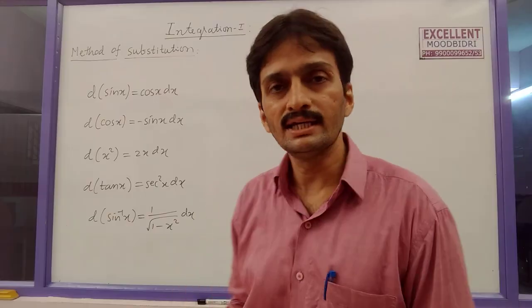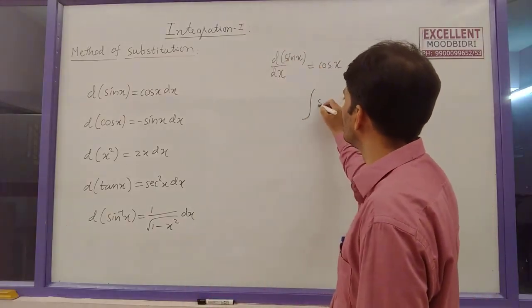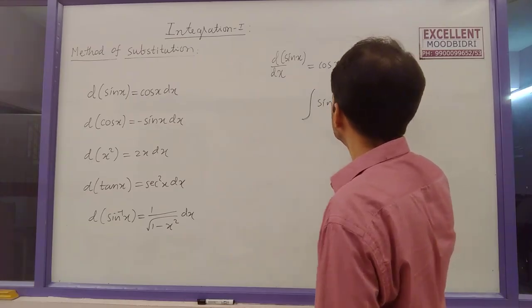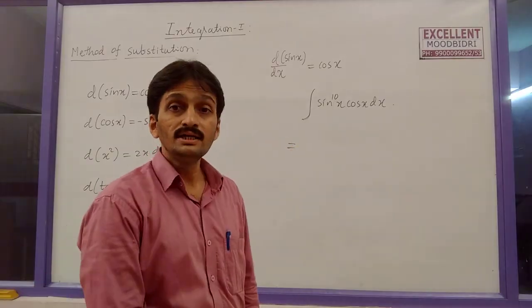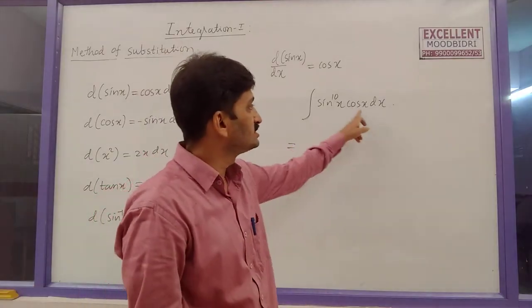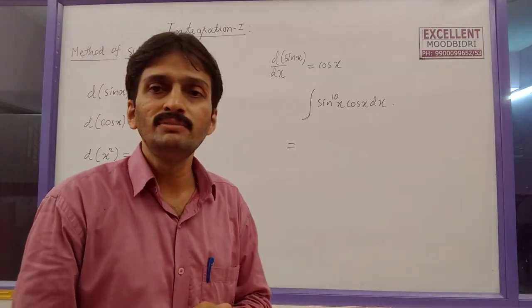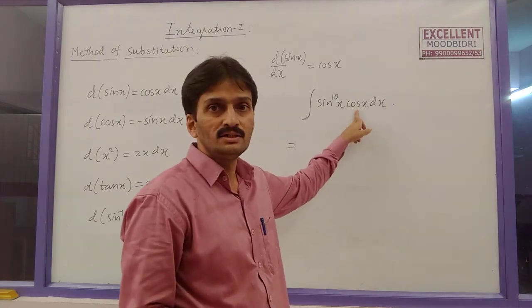I'll show you one example. Suppose the problem is to integrate sin x power 10 into cos x dx. Look at this problem. Here the derivative of sin x is cos x. I told you in the method of substitution, a function and its derivative will be visible. The derivative of sin x is cos x, visible.